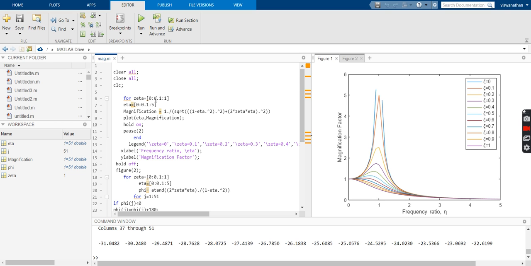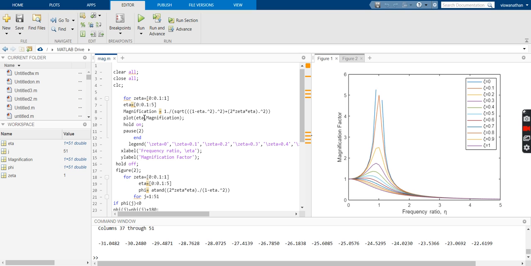But since you are using an array, you need to use element wise operations before the division symbol and the power symbol. These are important to understand, and then you can just plot this.